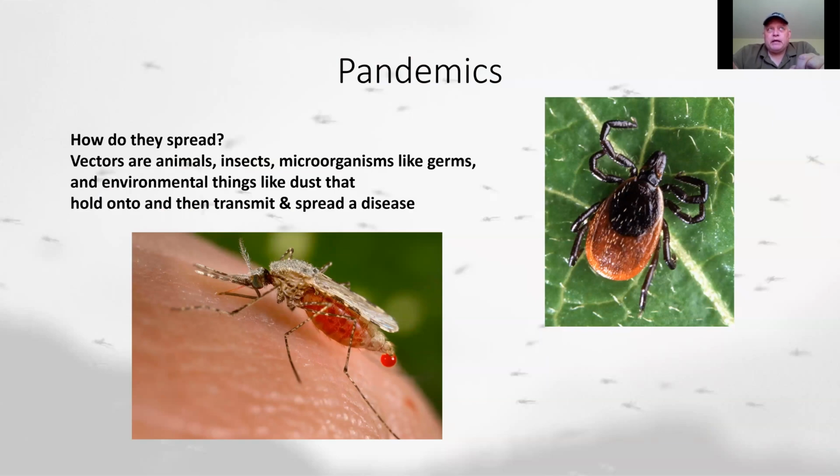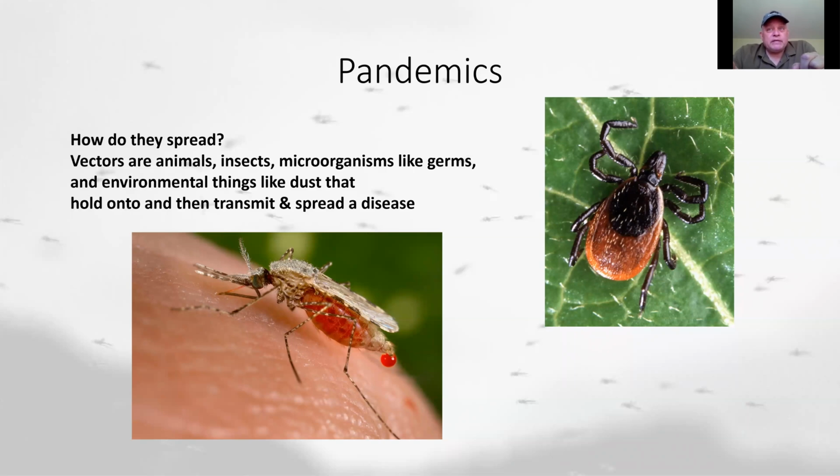Ticks spread Lyme disease, and there's another big one, Rocky Mountain spotted fever, from deer and between people. What happens is that various things hold on to microorganisms, whether that's fungus, virus, or bacteria, and then move them from one place to another.